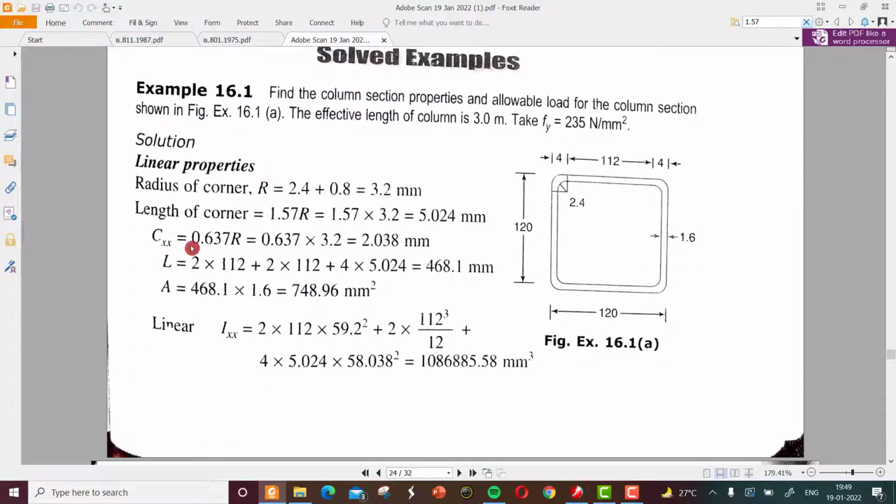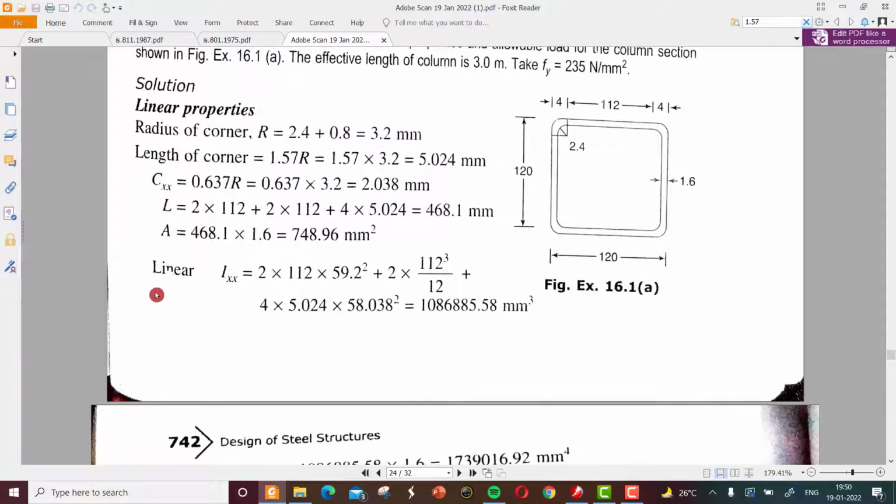Cxs is equal to 0.637 into r, which is 0.637 into 3.2, that is 2.038. This r is 3.2. For the total length we take the perimeter of this section: 2 into 112 plus 2 into 112 on both sides plus 4 into 5.0624, the length of the corner, which is 468.1. The area will be the perimeter into the thickness, giving the total cross-sectional area.